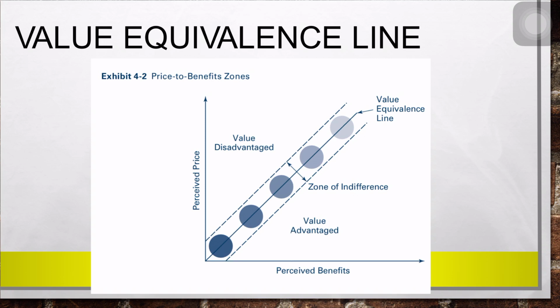Let me discuss the value equivalence line. It is depicted as lying along a 45-degree angle, but it need not be. The angle is somewhat arbitrarily dependent upon the metric of benefits.